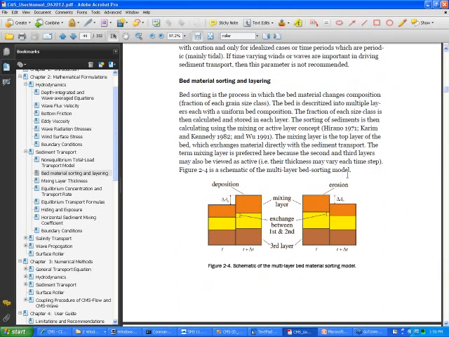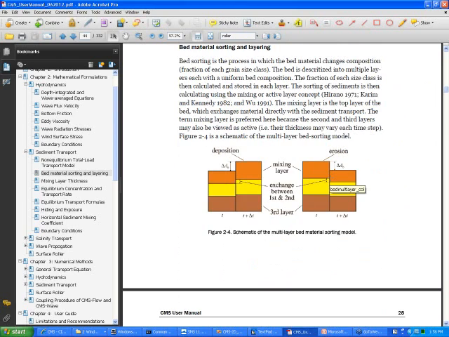So on to bed material sorting and layering. When you use the model as a multiple size sediment transport, the bed is discretized into vertical layers. The top layer we call the mixing layer. Some people call it the active layer, and it's the layer of sediment that's being actively exchanged with the sediment transport.